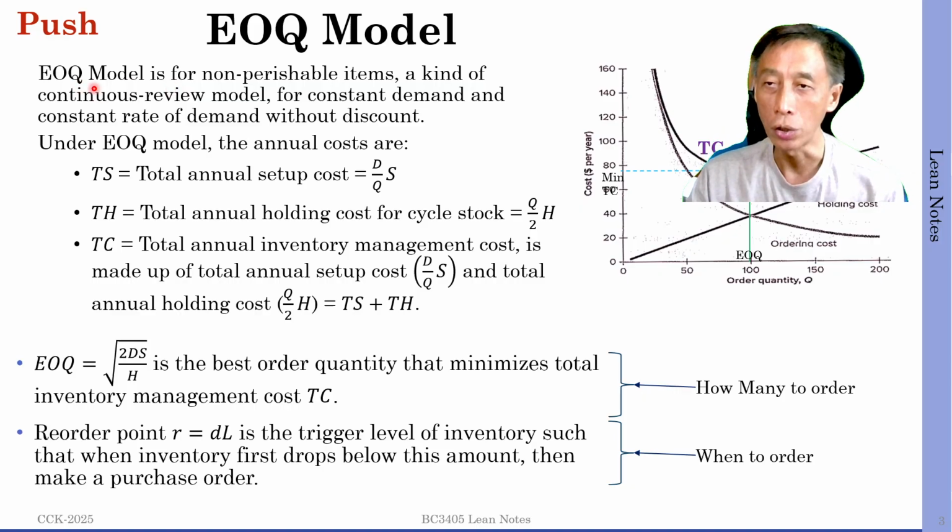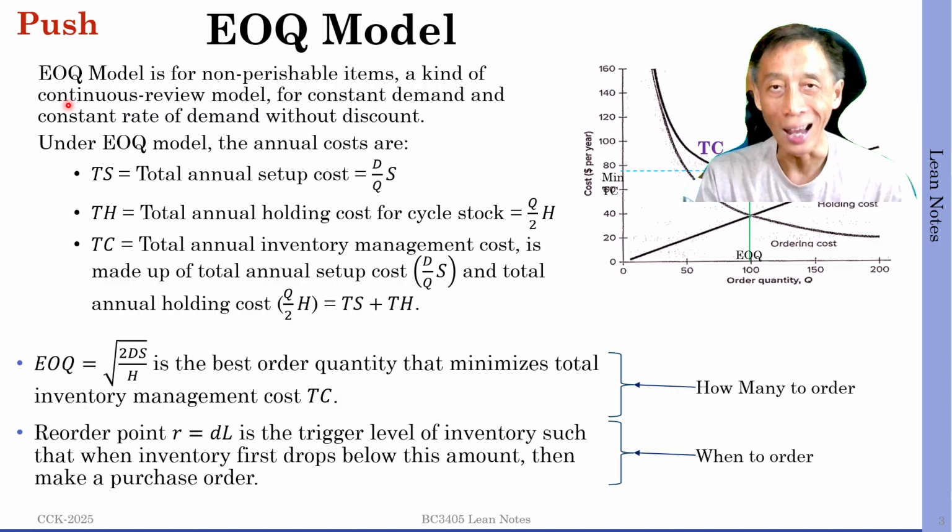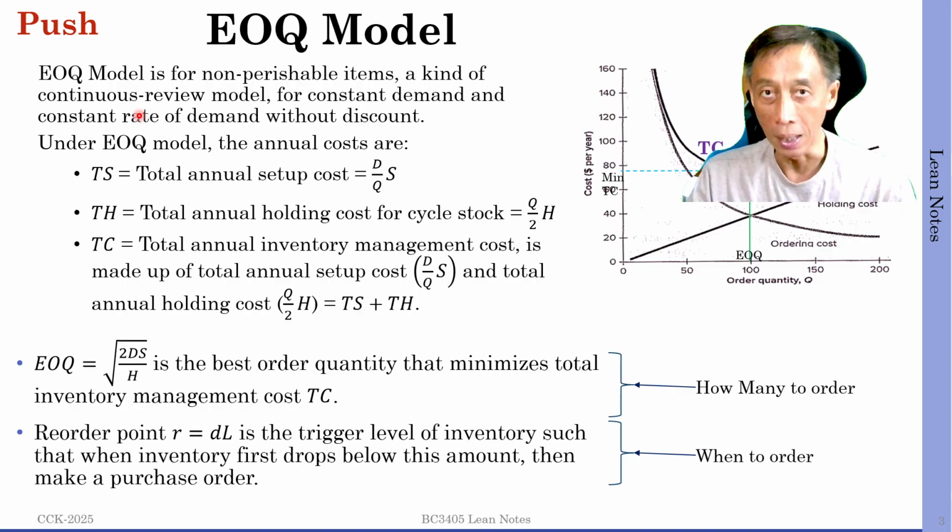So, starting with EOQ. EOQ is a model that falls under continuous review. Out of the three models, they can be classified into continuous review and periodic review. Their main ideas are to deal with fluctuations in demand.